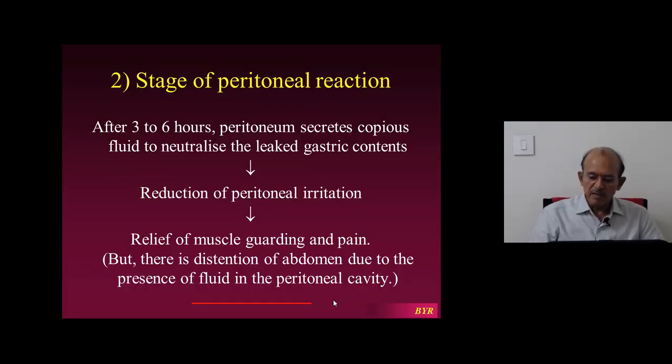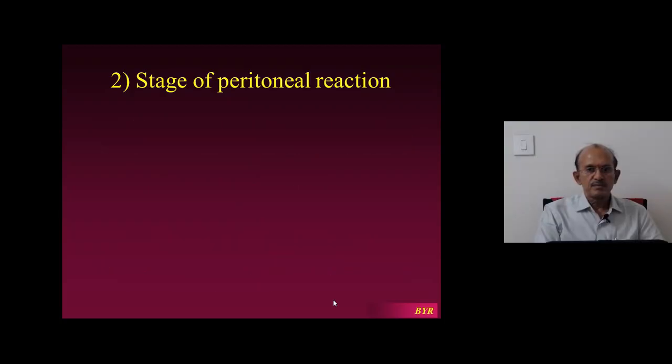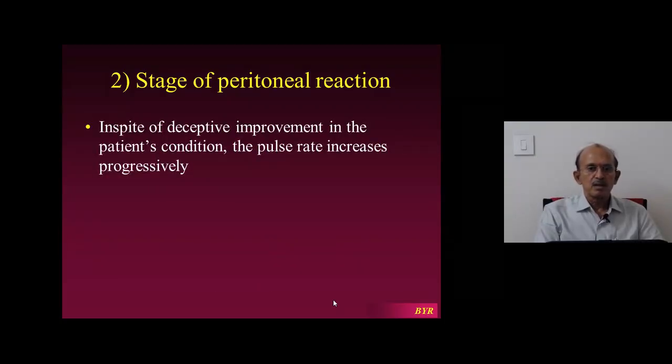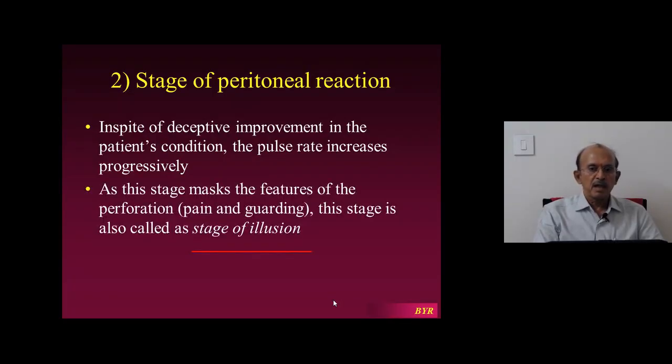So pulse rate is a very, very important clinical parameter. So in spite of deceptive improvement in the patient's condition, the pulse rate increases progressively. This stage masks the features of perforation, the pain and guarding. This stage is also called the stage of illusion.